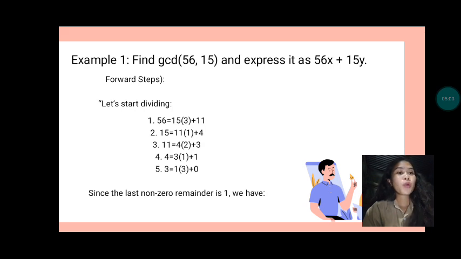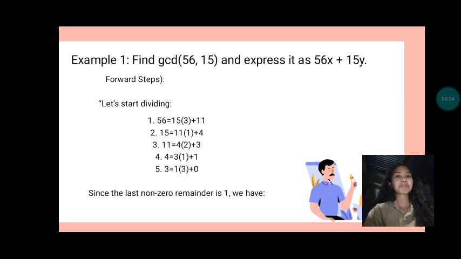Now that we have our GCD, we will perform the backward substitution to express that GCD as a combination of 56 and 15, so we can know x and y.